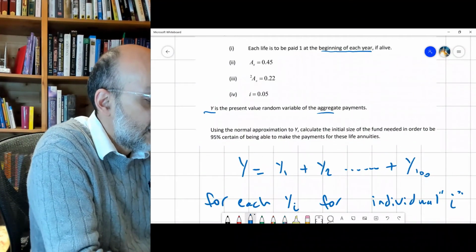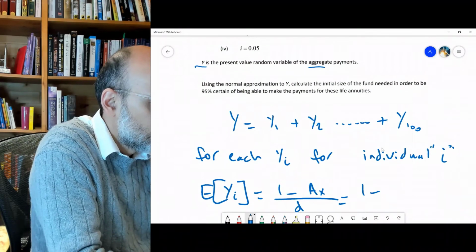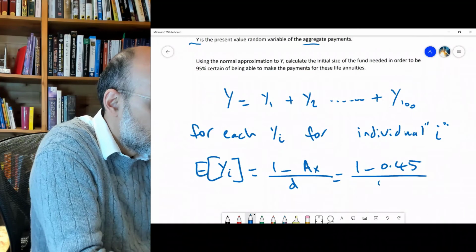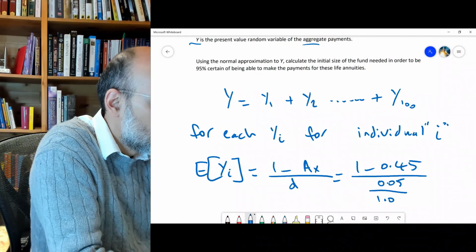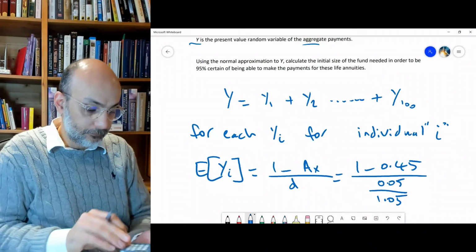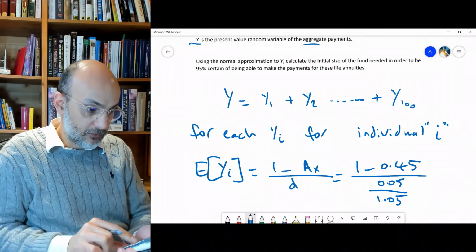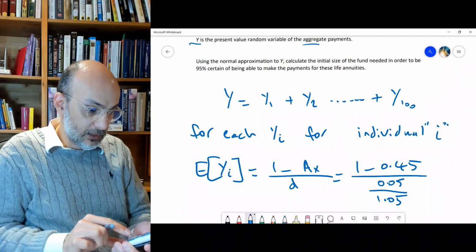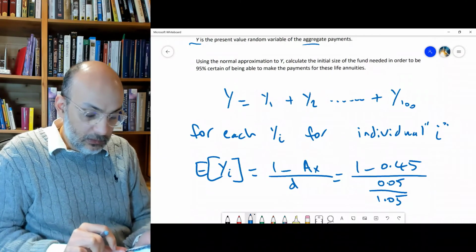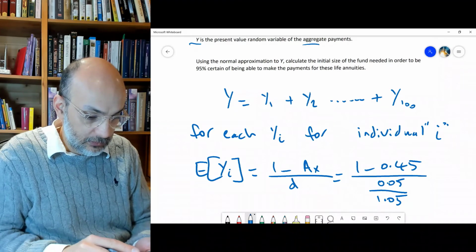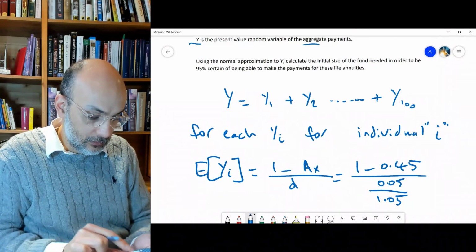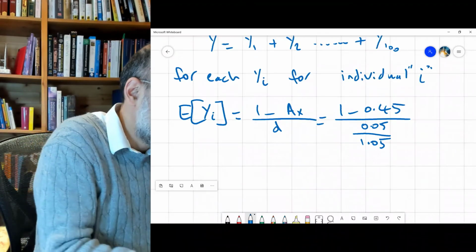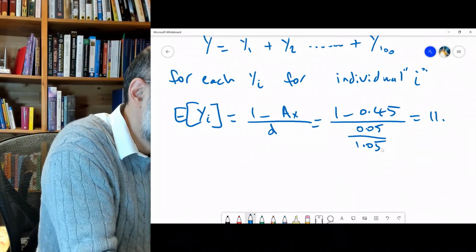So the expected value here, 1 minus 0.45, divided by d, what is the interest, is 0.05 over 1.05. If you do that quickly, 0.55 divided by 0.05, then multiply by 1.05. So the expected value will be 11.55.